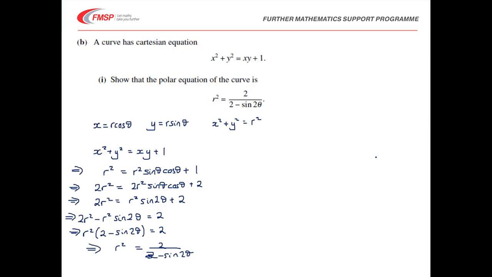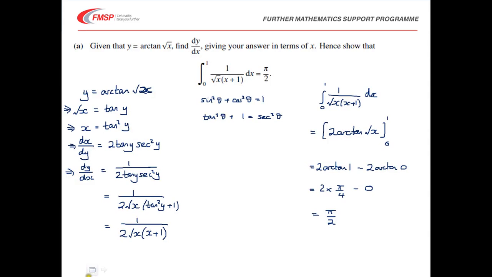Okay, let's see how this question is marked. For part A, there is a method mark and an accuracy mark for rearranging and differentiating. You could use the chain rule or implicit differentiation instead, and an accuracy mark for ending up with an expression for dy by dx in terms of x that is correct.